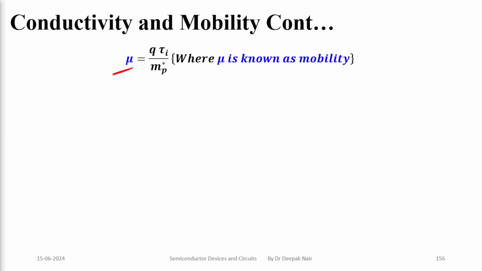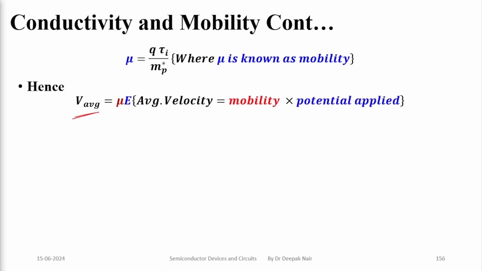Here this term mu represents Q into tau_i upon m_p*, and mu is called the mobility of charge carriers. Hence, average velocity is given by mu into E, which is mobility into the external applied field.